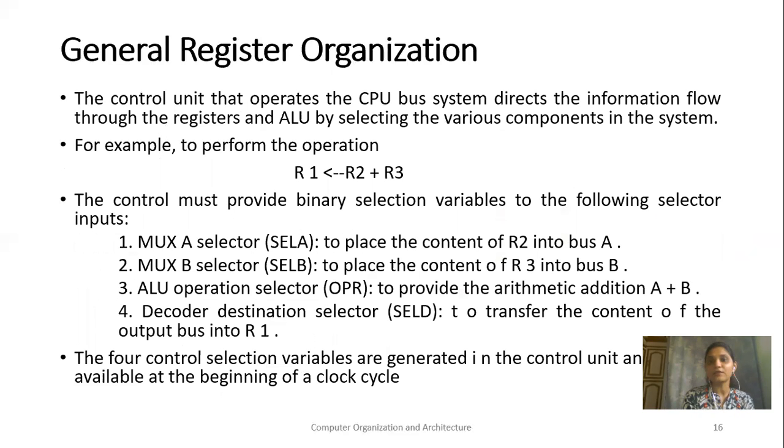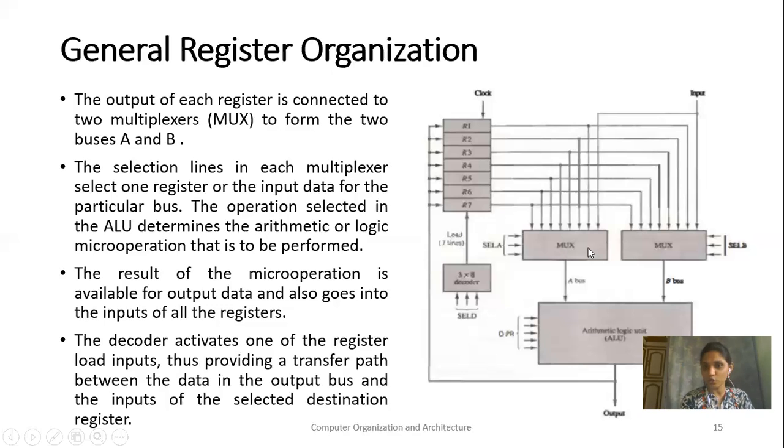For example, let me have to do the micro operation R1 gets R2 plus R3. That means the content of registers R2 and R3 is going to be added, and the result is going to be stored into register R1. So what we require: mux A should select register R2, mux B should select register R3, and the operation we have to provide is addition.